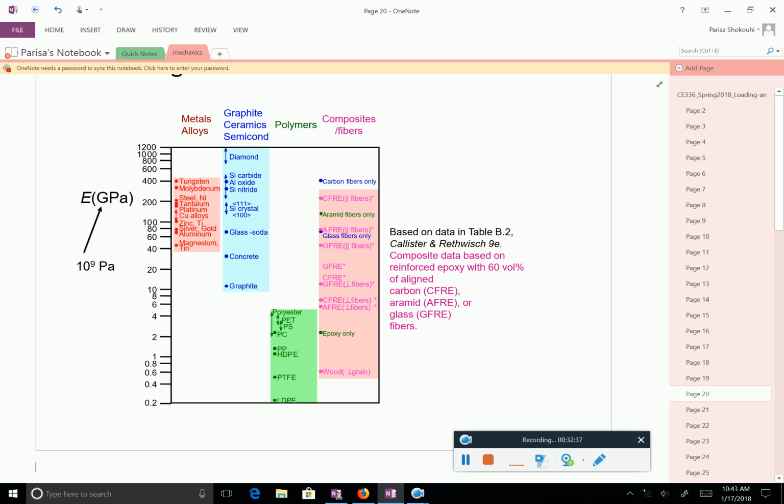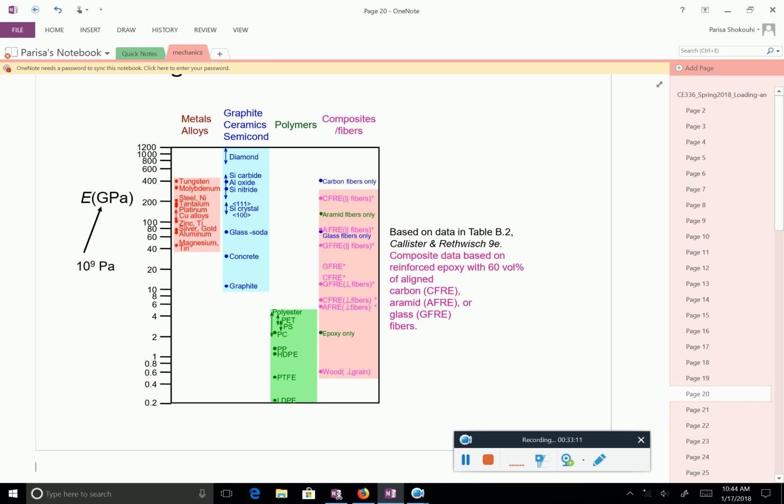We can say that typically metals have higher stiffness than polymers, even higher stiffness than most ceramics. Is that correct? It is useful to have some idea of where each material is. For example, if you look at steel and concrete, which are two important materials, you see that steel is one order of magnitude stiffer.